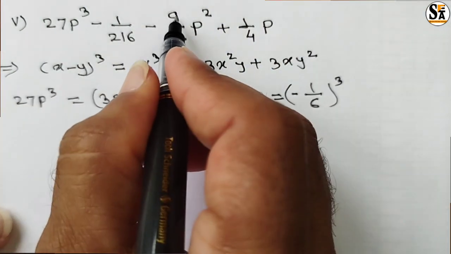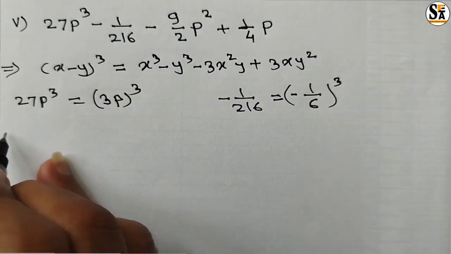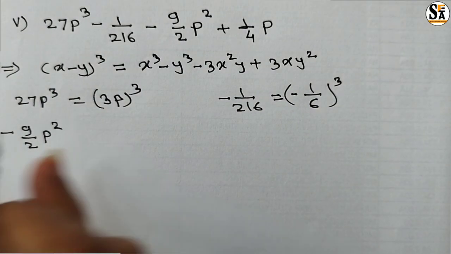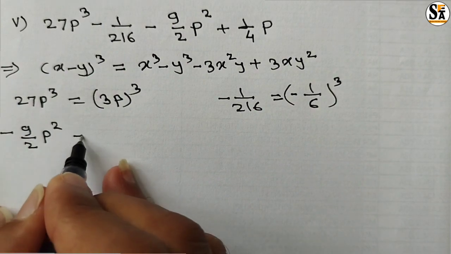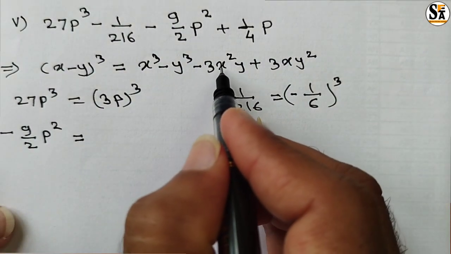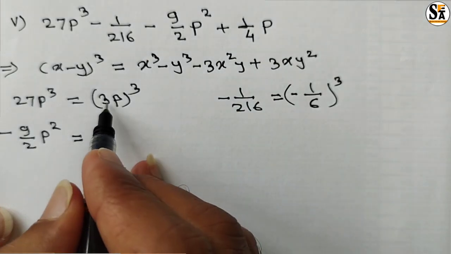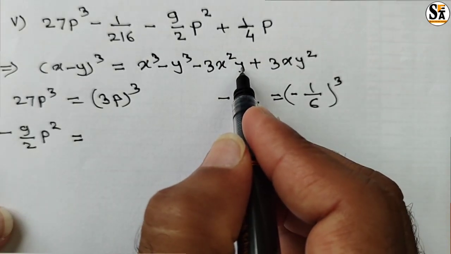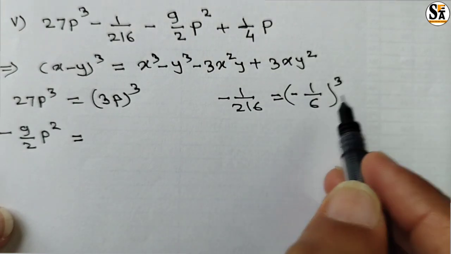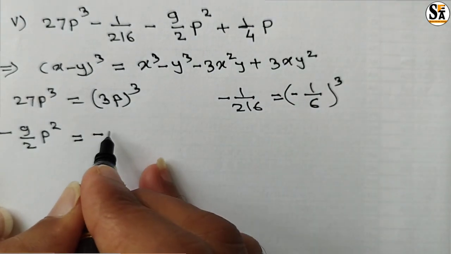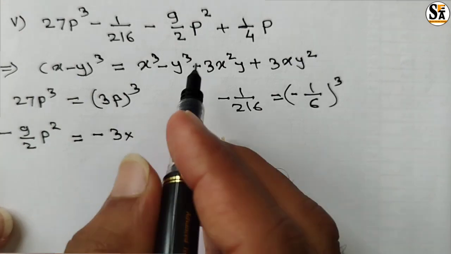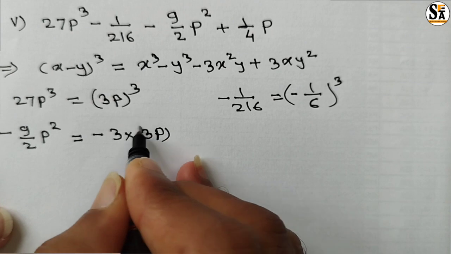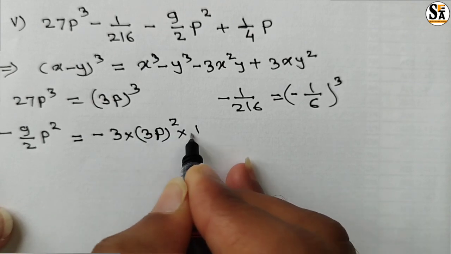Similarly, see this term, minus 9 upon 2 p square. Here we can write this term for our convenience. We require the square of the first term. Here the first term we got is 3p, and the second term, that is y, we got minus 1 upon 6. So we can write this as minus 3 into the square of the first term, (3p) square, into 1 upon 6.